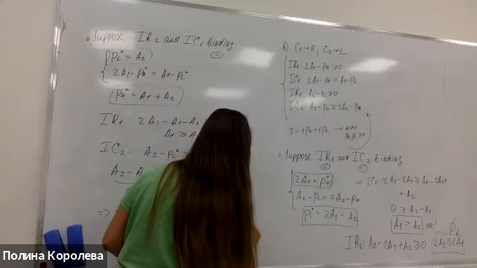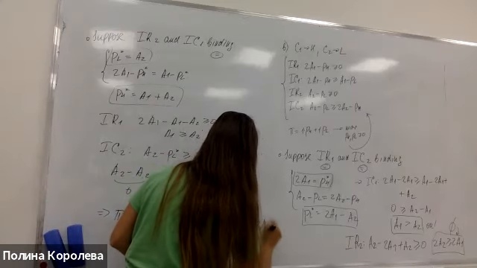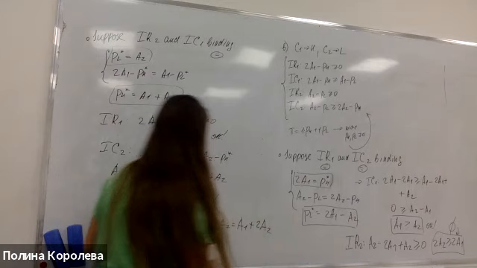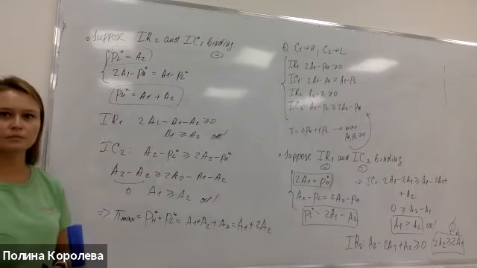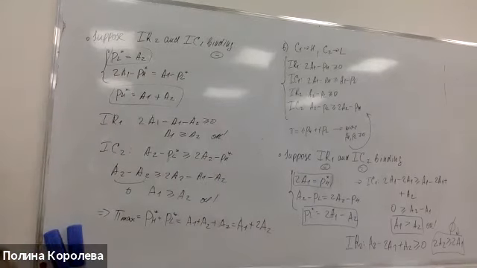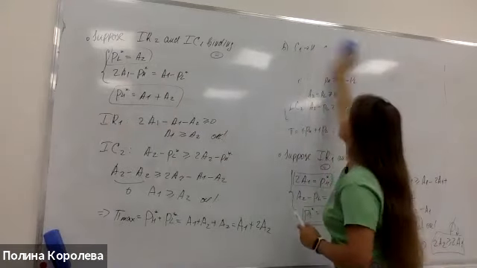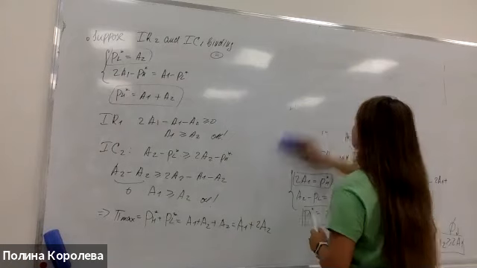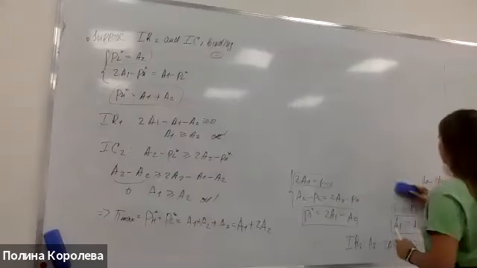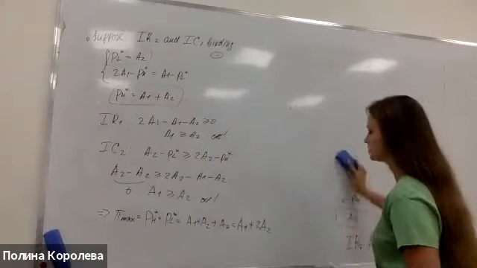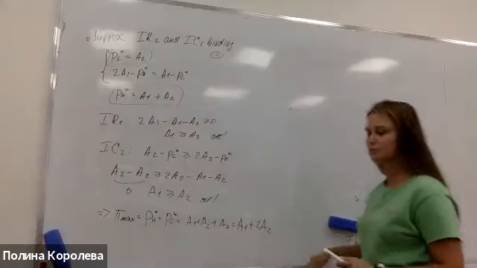This is A1 plus 2A2. This is our first option for the seller to get such maximum profit.